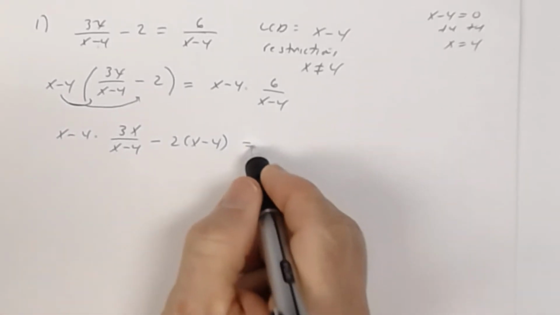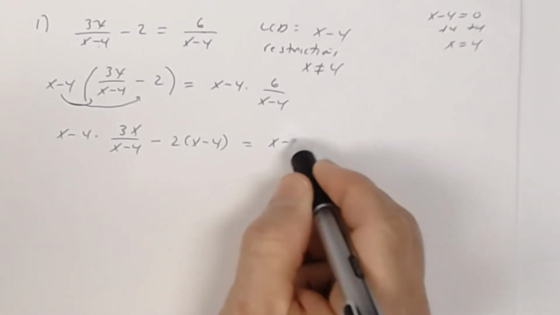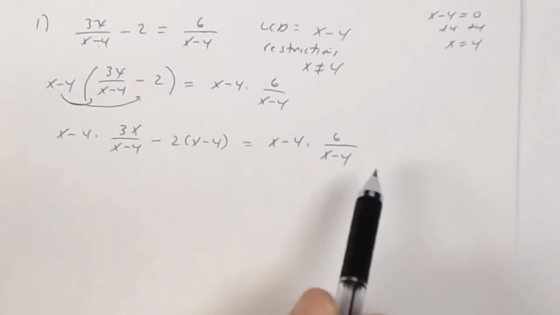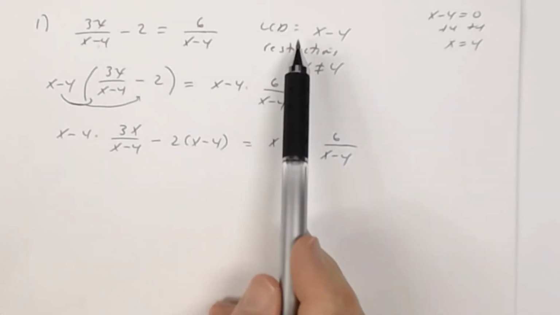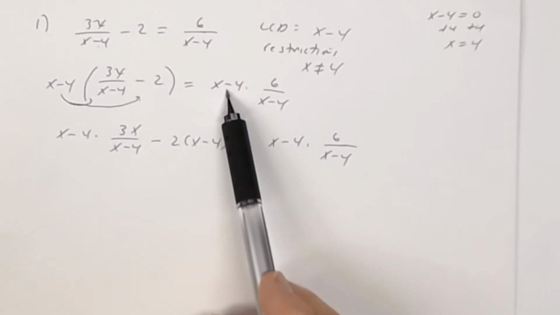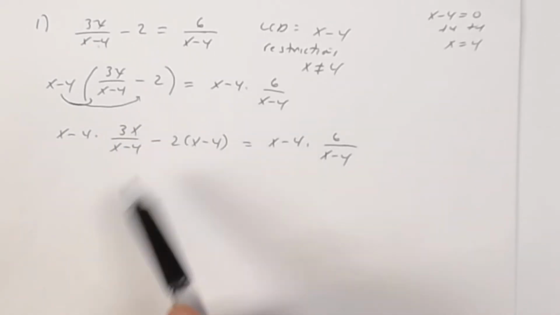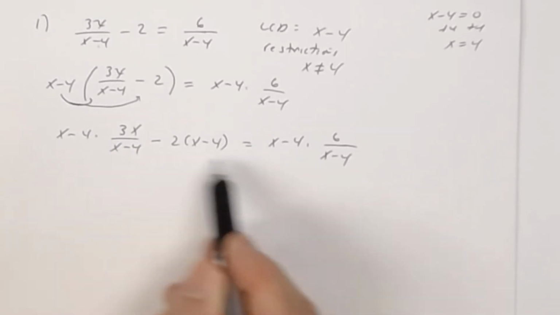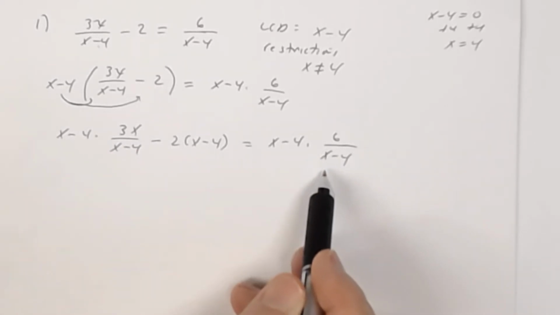Okay, equal. And then let's go ahead and rewrite this over. X minus 4 times 6 divided by x minus 4. So remember the whole point of multiplying both sides by the least common denominator is to get these denominators to be factors of 1. So I want this to be a 1. I want this to be a 1.